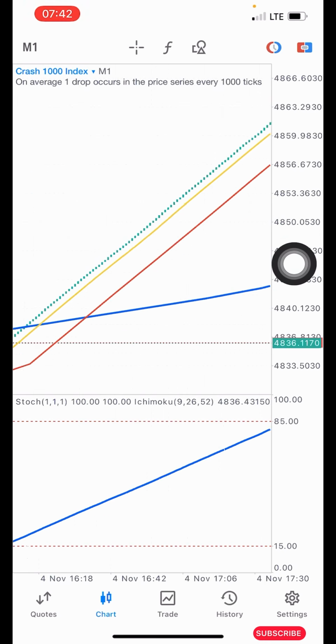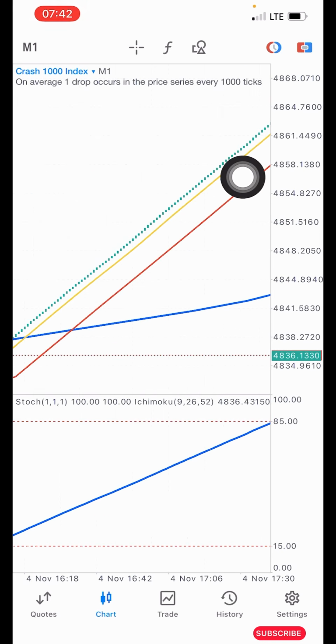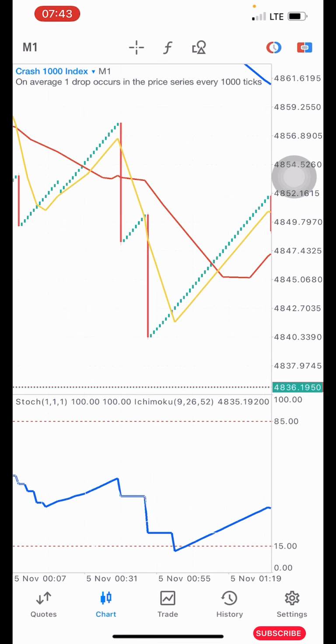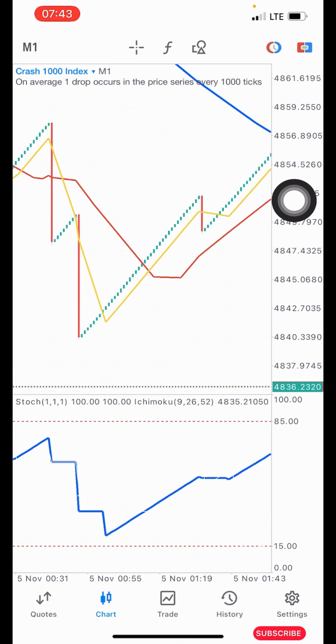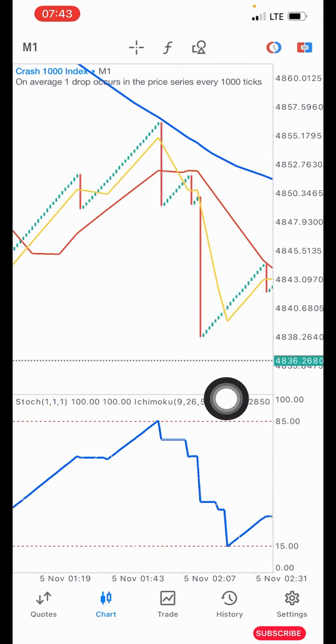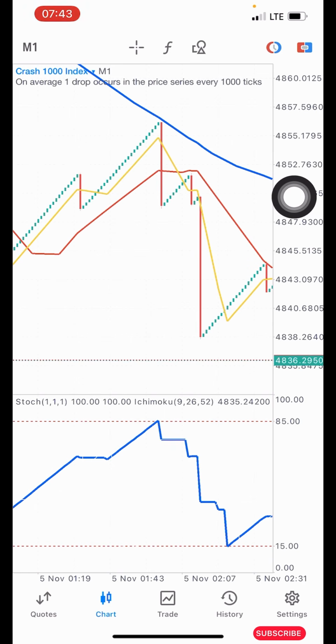You wait for the next opportunity. You can see the yellow and red is above, so no need to look for anything there. And here again, you can see that the condition is being met. You wait for the crossing, you pick your 5 candles, and guys, you can see how this strategy is working. You can see how it works. All right, so you can see condition is being met, you wait for 5 candles around here. All right, so that's how basically the strategy works.